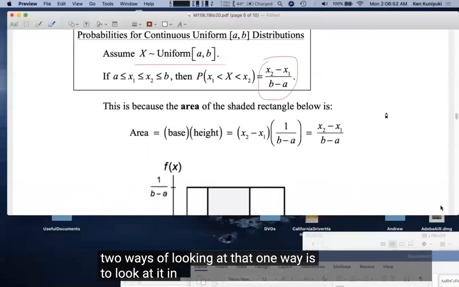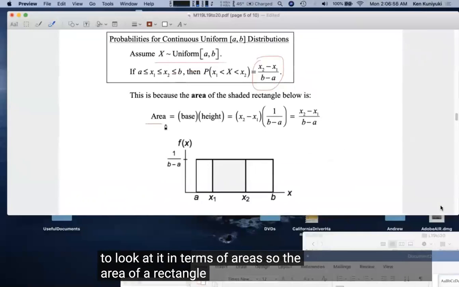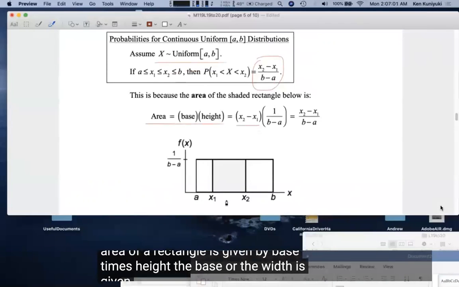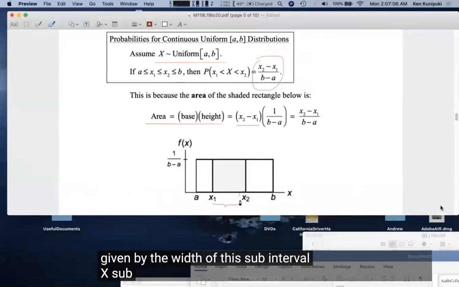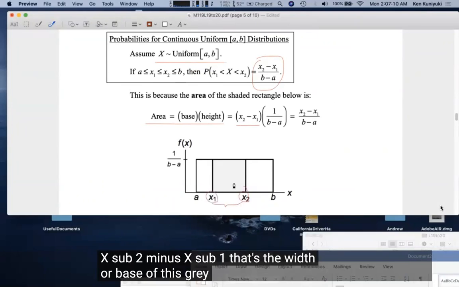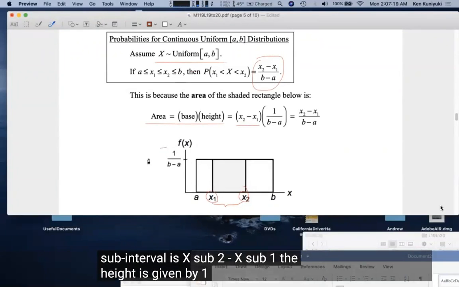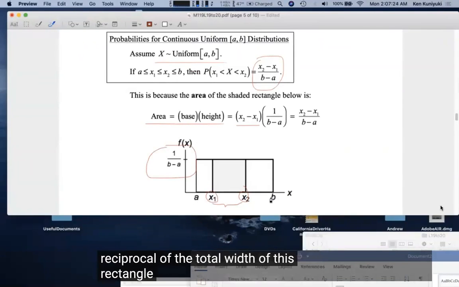One way is to look at it in terms of areas. So the area of a rectangle is given by base times height. The base, or the width, is given by the width of this subinterval, X sub 2 minus X sub 1. That's the width or base of this gray rectangle. The height is given by 1 over B minus A, the reciprocal of the total width of this rectangle.